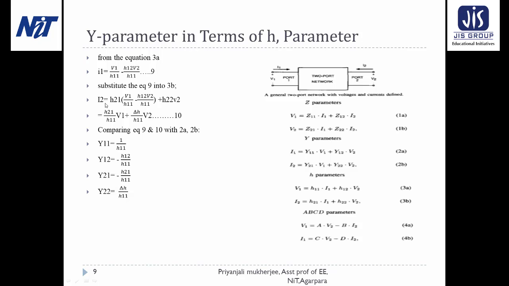So we can rewrite the equation as I2 equal to H21 into I1 plus H22 into V2, that is, I2 is equal to H21 by H11 into V1 plus delta H by H11 into V2. By comparing these two equations with the Y parameter equations, that is 2a and 2b, we can find the different parameters Y11, Y12, Y21 and Y22 in terms of the H parameters.